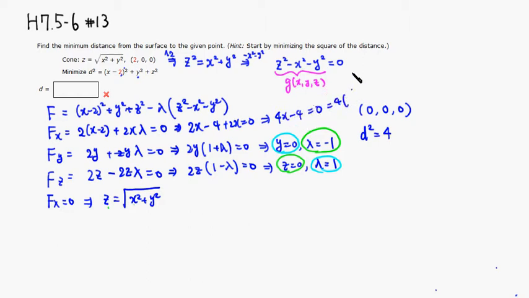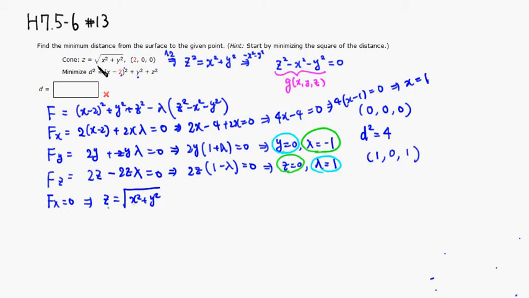Factor out 4, x minus 1 equals 0, so x equals 1. So if lambda is 1, x equals 1, y has to be 0, and z is going to be the square root of 1 squared plus 0 squared, so it's 1 again.